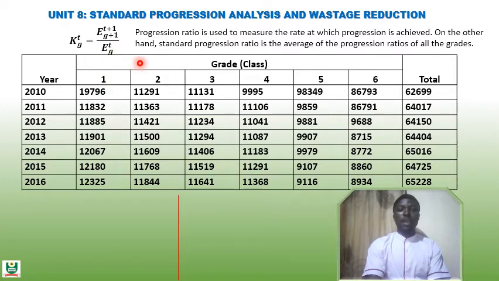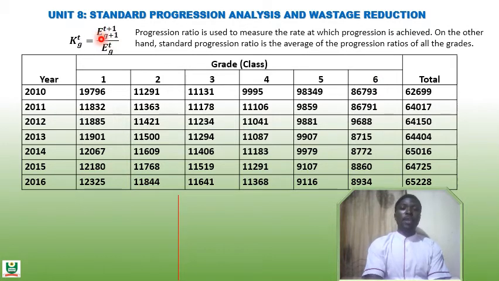Now let me quickly explain this. Here k simply means the progression ratio. T is the year considered. It may be year 2010 as we have here, and then the G is a grade, that is the grade we have here, 1 2 3 4 5 6.